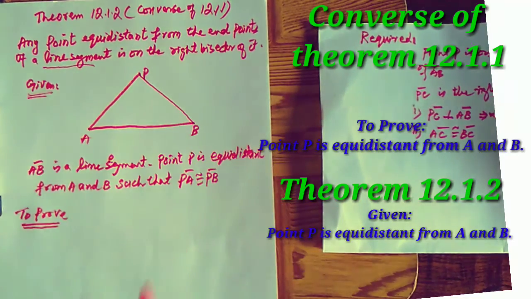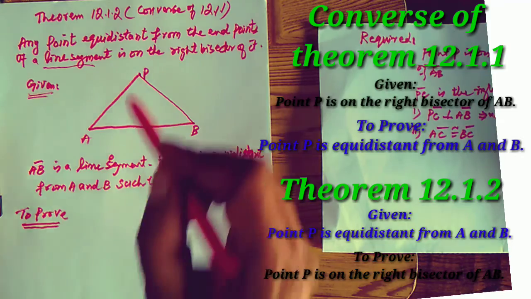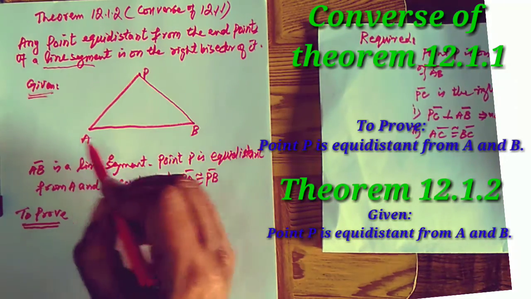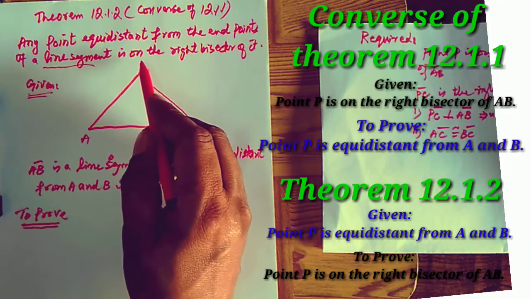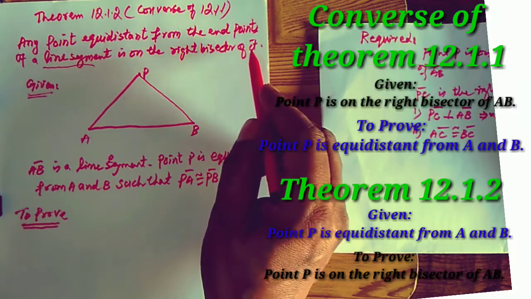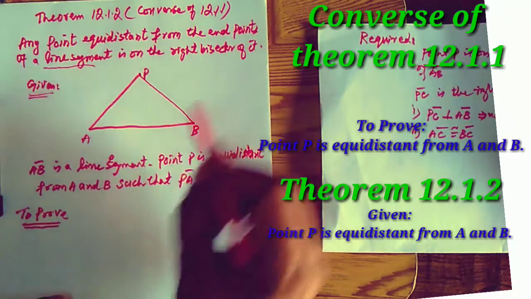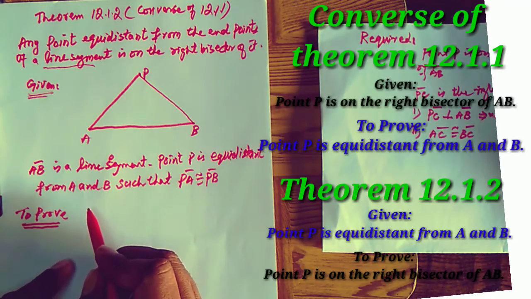Any point equidistant from the endpoints of a line segment is the given part, while "on the right bisector of it" is the proof part. So this any point is on the right bisector of the line segment AB.